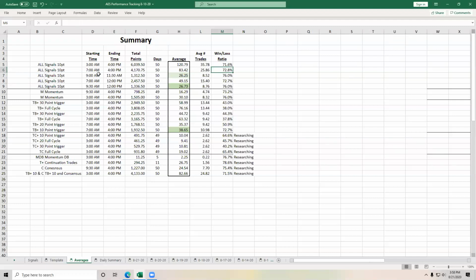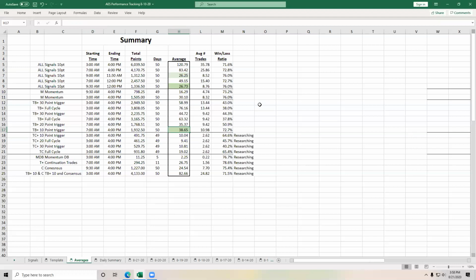Maybe you don't want to be that intense all day long. Maybe you only want to trade the trend bias trades and the continuation signals from 7 to 4. Well, that's 38 points, almost 39 points a day. That's still very solid, but it requires a lot less attention to only trade the continuation signals and the original trend bias trigger.